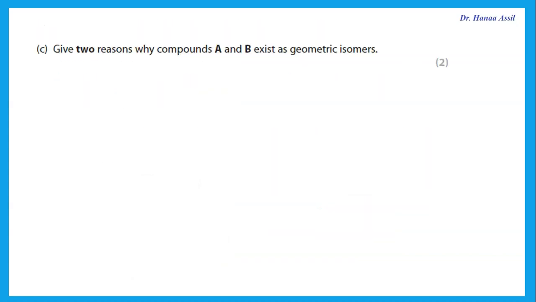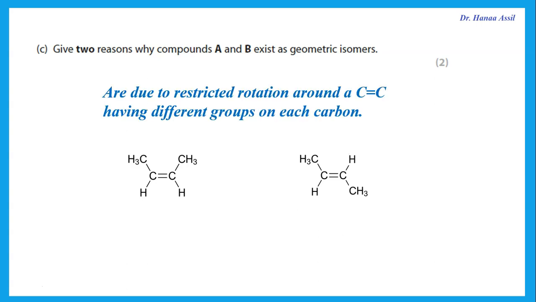Give two reasons why compounds A and B exist as geometric isomers. Remember that A and B were these compounds in which we have a double bond, and each carbon that has a double bond is bonded to two different groups.